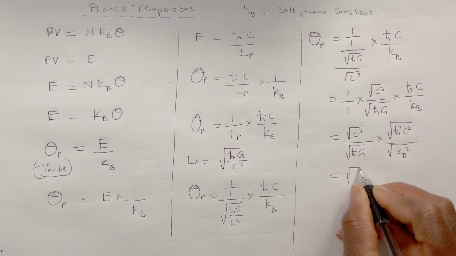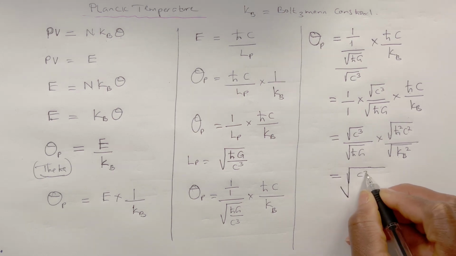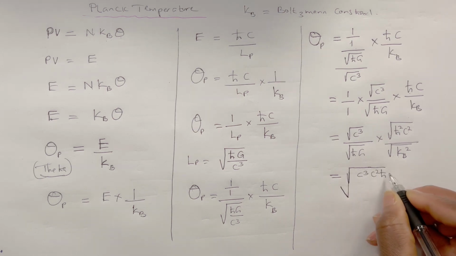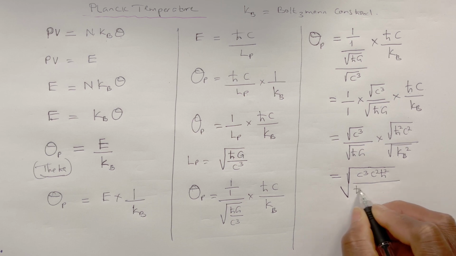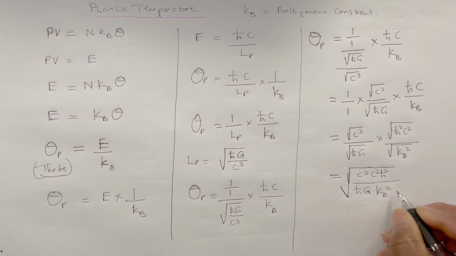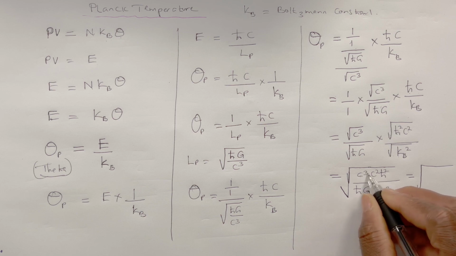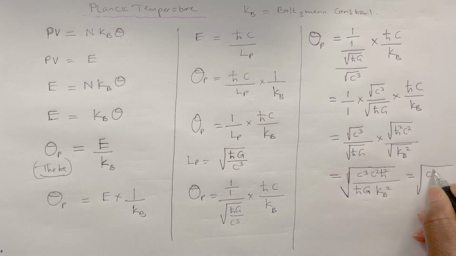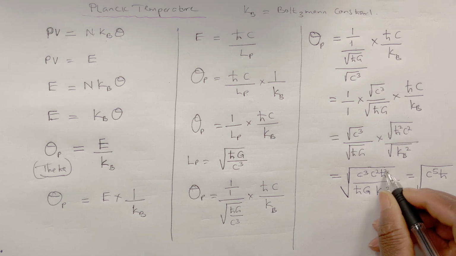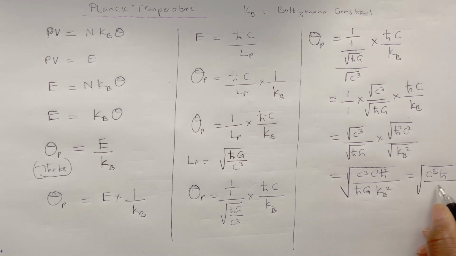So that'll be root, let's use the whole thing, c cubed, c squared, h bar squared over h bar G kB squared. And that will be equal to c squared, c cubed, c squared is c to the power 5, h bar, because that one h cancels another h, over G kB squared.